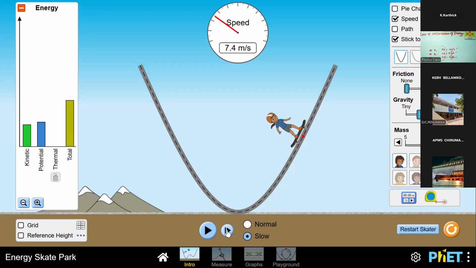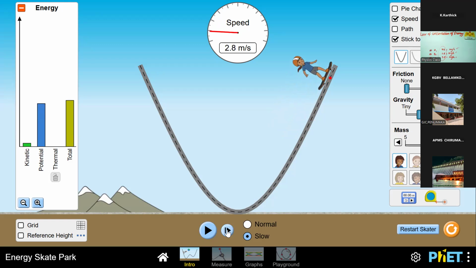Once I raise the track, kinetic energy decreases because speed decreases. You can also see the speedometer, speed decreases. So kinetic energy decreases, potential energy increases, but total energy does not change at any one point.